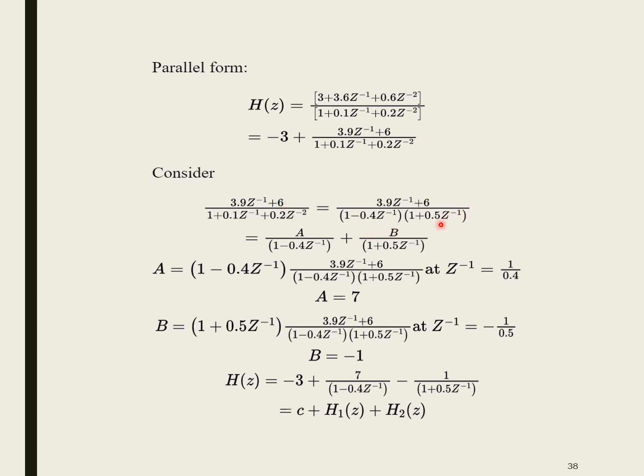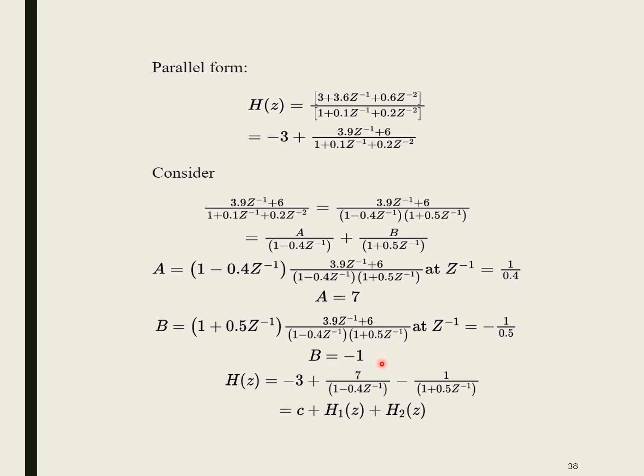There are 2 different poles obtained. So the first factor is A divided by the first pole, B divided by the second pole. Use the residue method, we know the residue method for applying. Use the residue method at Z inverse, substituting the value of Z inverse. So obtaining that, we can find A and B using the partial fraction method.